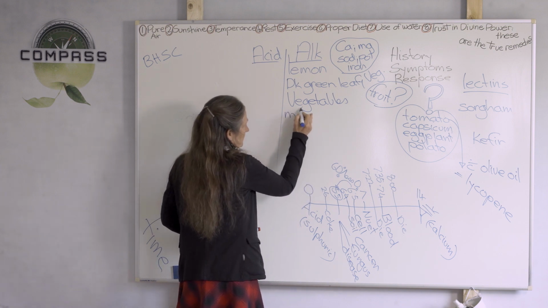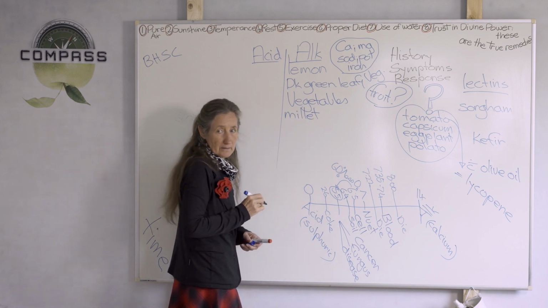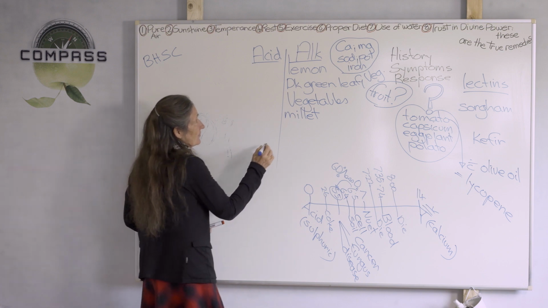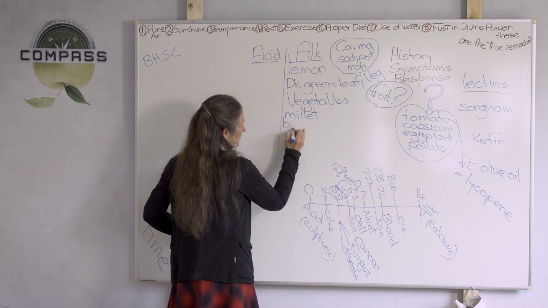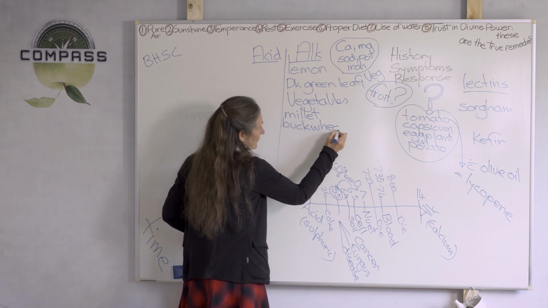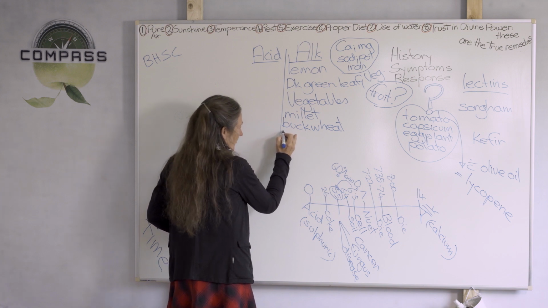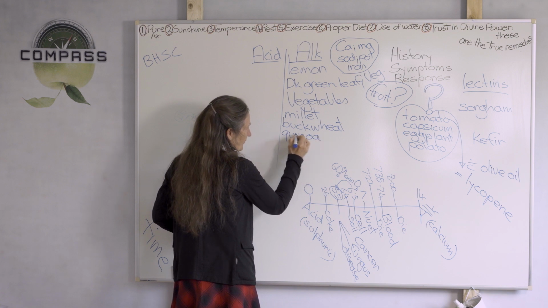Millet is a very alkaline grain, and as we looked at it, it's a lectin-free grain. Also, buckwheat. Buckwheat is not a wheat. Buckwheat is an alkaline grain. It's a seed. Quinoa. Quinoa is a gluten-free grain.